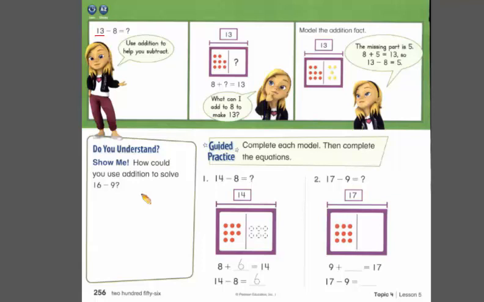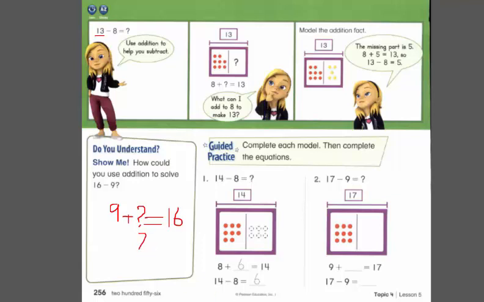How? We will ask ourselves, 9 plus how many equals 16? Okay, so 9 plus 7. I will start counting on after 9 to reach 16. So the missing number is 7. Okay?